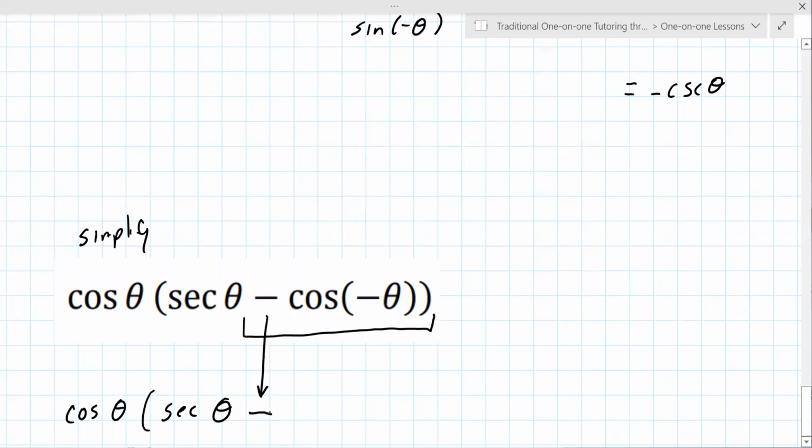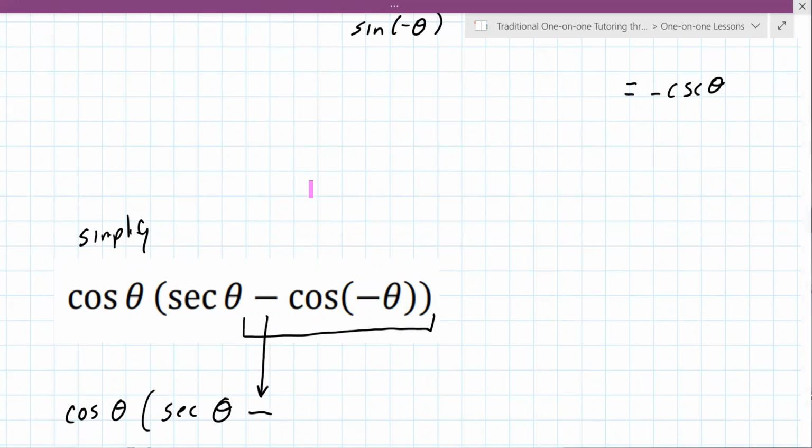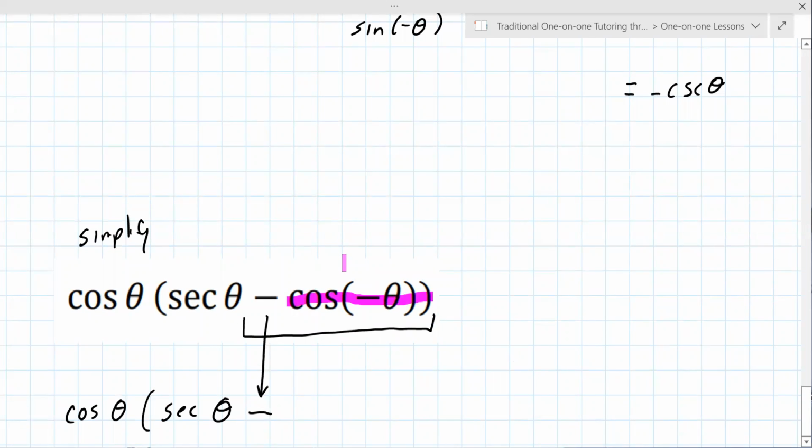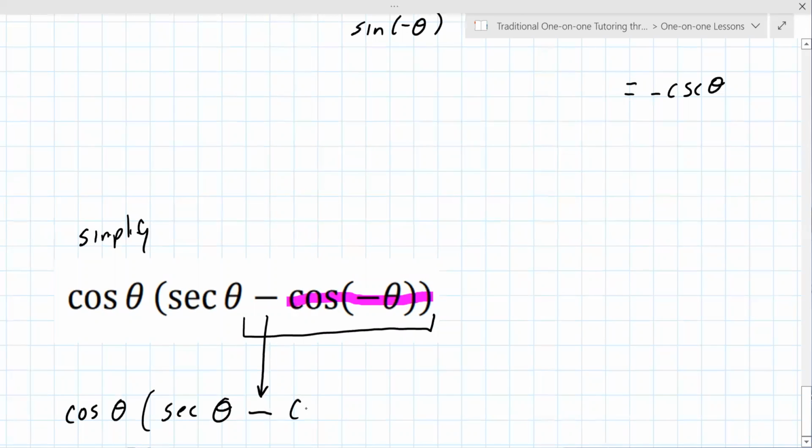But this part that I'll highlight here in this purplish color becomes cosine theta. Does that make sense? It's a pretty straightforward thing.